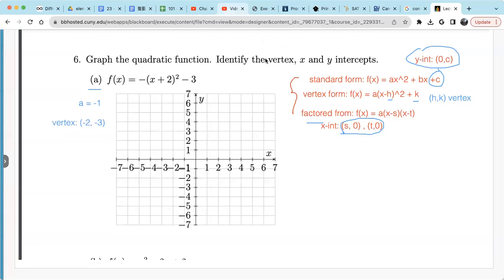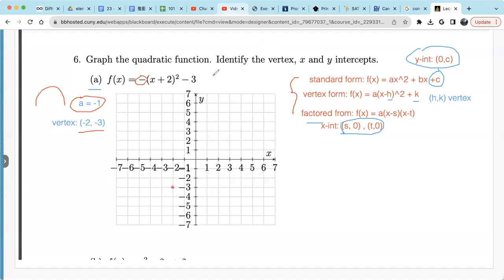We have these two pieces of information. The first, a equals -1, tells us this graph is a downward parabola. This is called the leading coefficient. If it's negative, it's a downward parabola. If it's positive, it's an upward parabola. Let's draw the vertex, -2, -3, so the vertex is here.